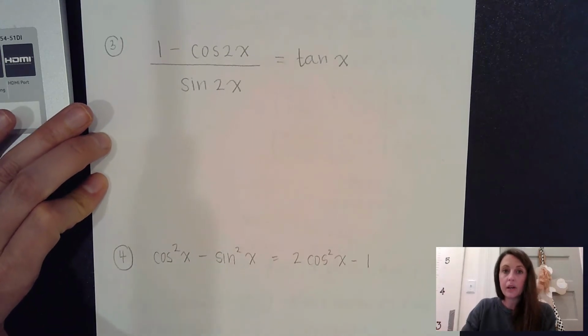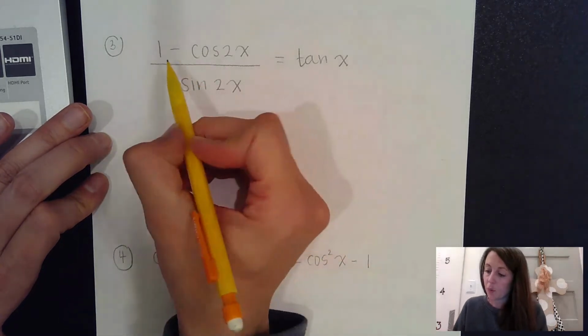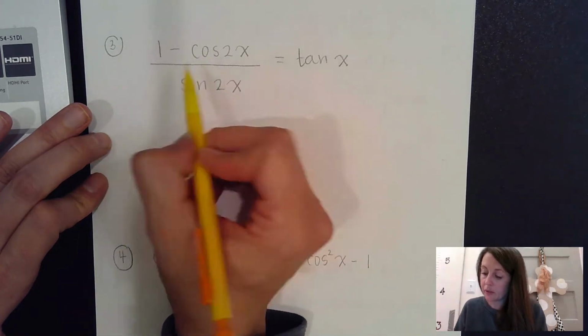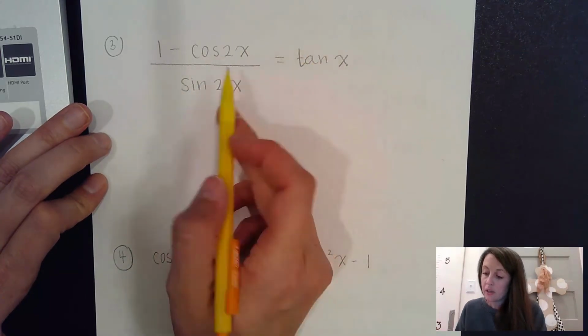So I want to have y'all take a second and do these for me. Okay, so I've got 1 minus cosine of the double angle over sine of the double angle, show that it's tangent.